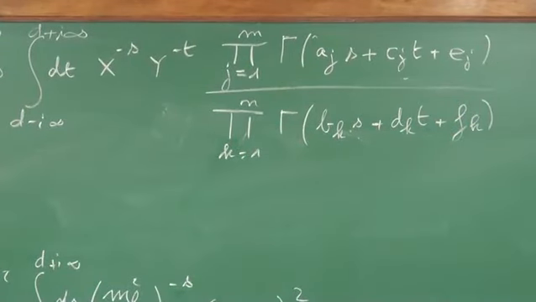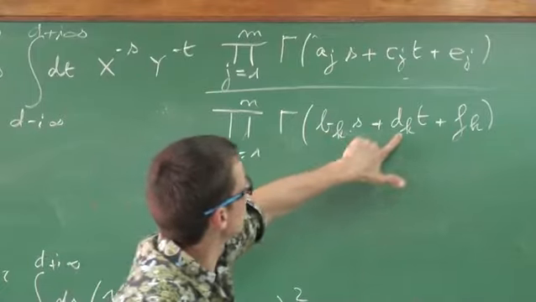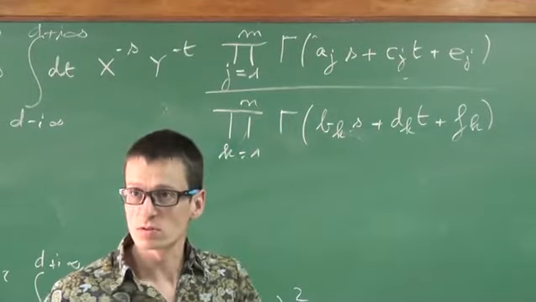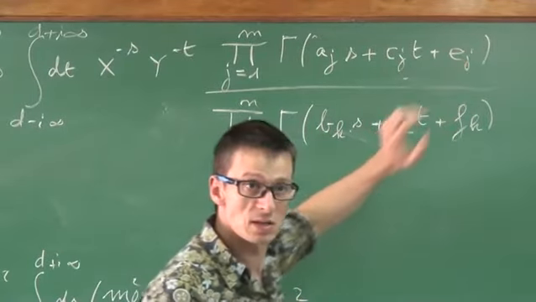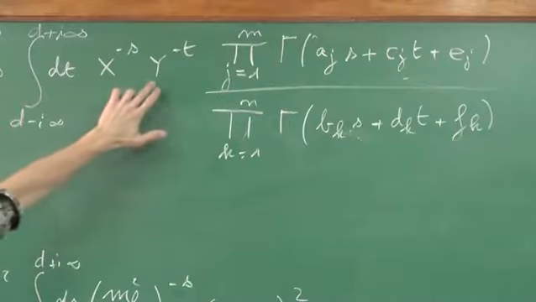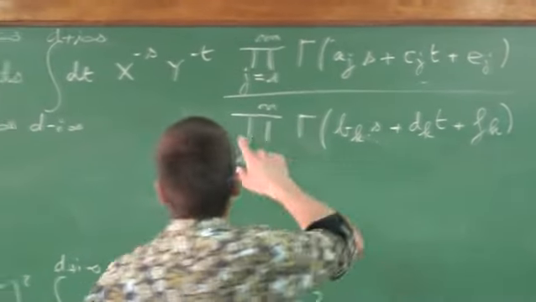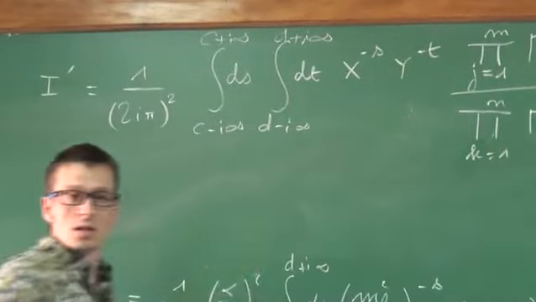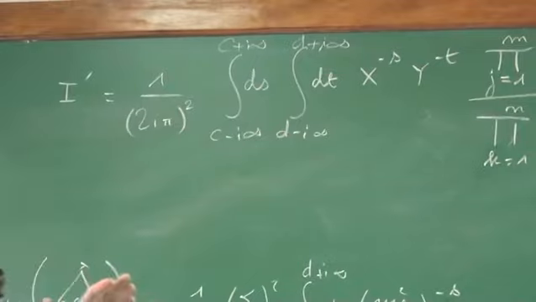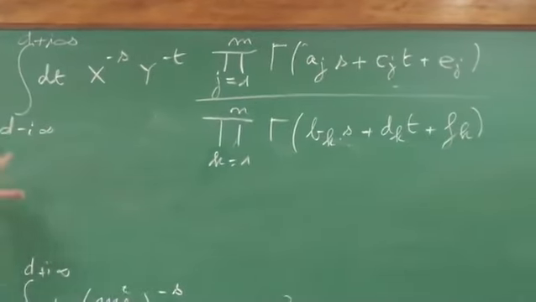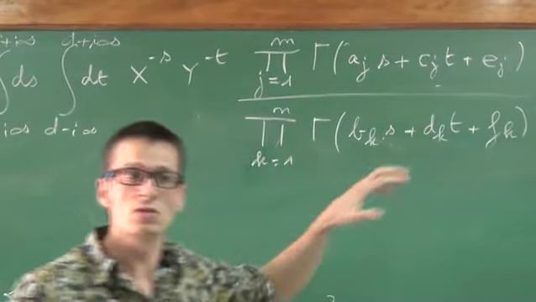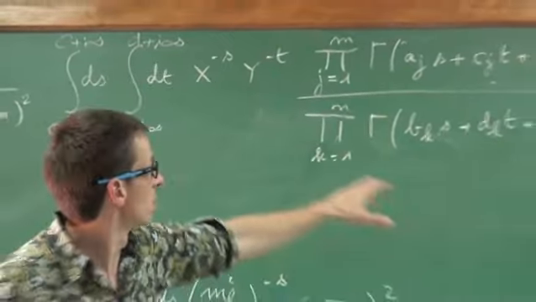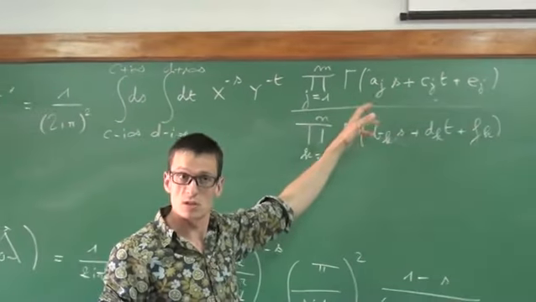Okay, well, as before, these objects are real numbers, and these may be complex as well as these. And we choose C and D in order that they do not touch the singular lines implied by the gamma function singularities. Okay?